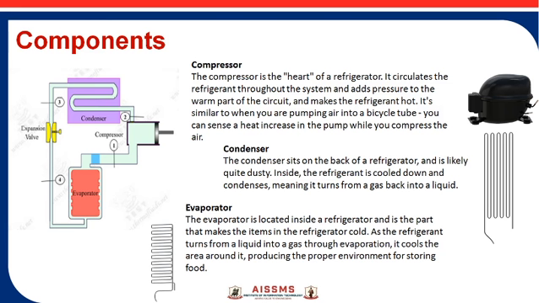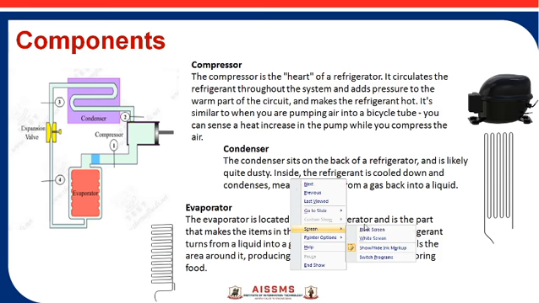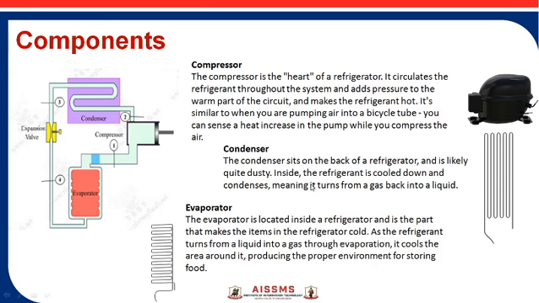Next part, the condenser. The condenser is at the backside of the refrigerator, where the refrigerant is cooled down and condensed, meanwhile changing from gas back into liquid. The evaporator is located inside the refrigerator, as we have already covered.